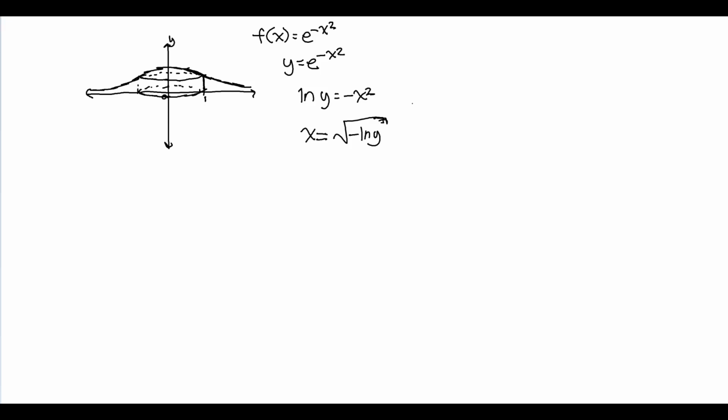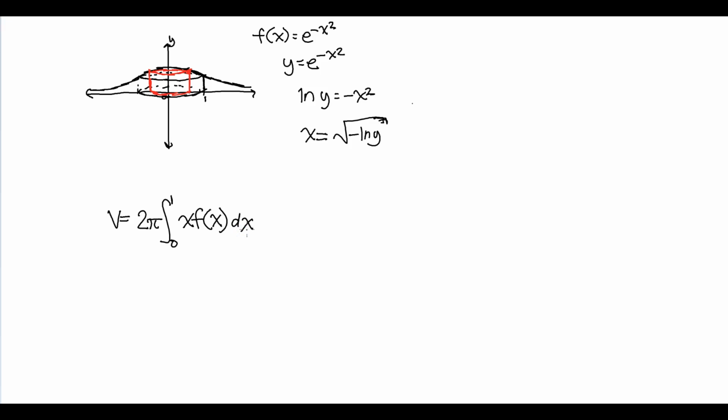So let's construct a shell. If we drew a cylindrical shell, like this, and we wrote down our formula, the volume equals 2 pi times the integral from 0 to 1 of our radius x times the function f of x dx.